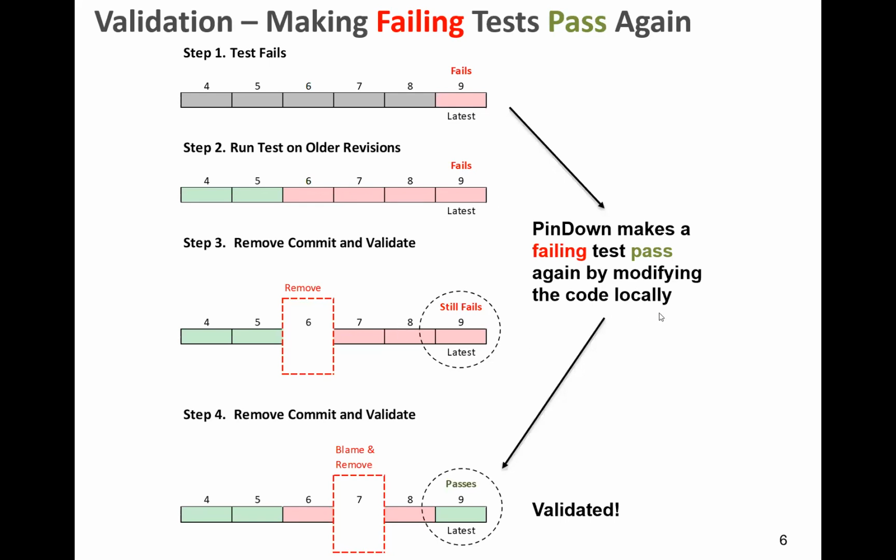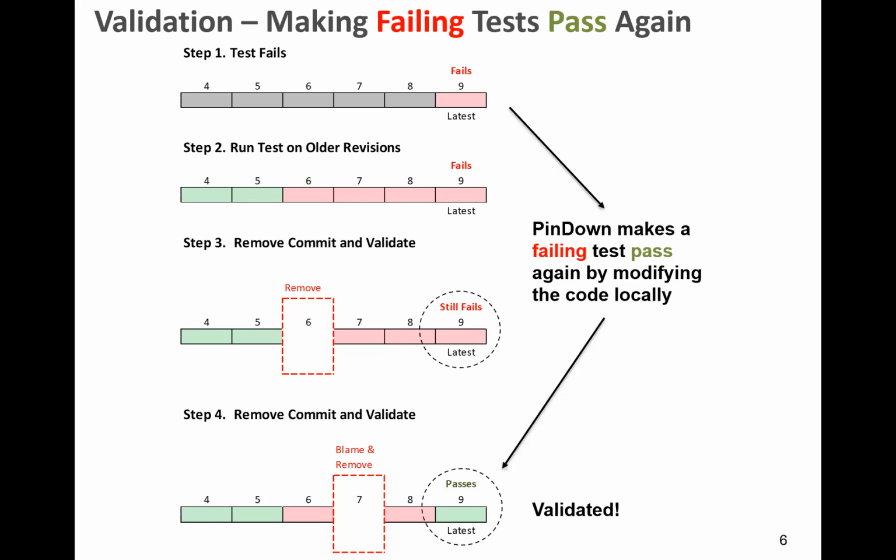You zoom in fast on the issue with binary search, you find the tipping point, you try it, you find that it doesn't work, and then you zoom in again on a second tipping point, and you try that one, and that one worked. So that's another use of validation.